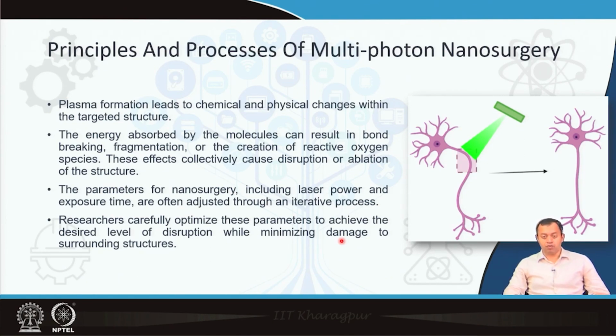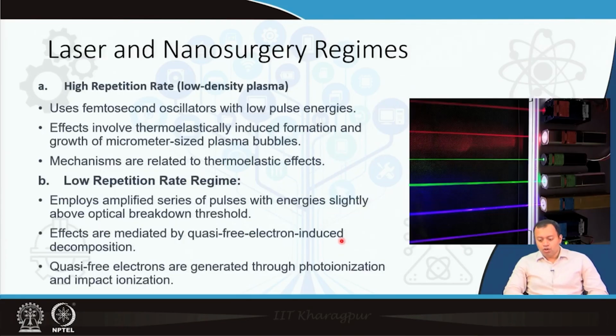In mouse brain we are trying to do, and hopefully we will get this soon. So, lasers and nanosurgery regimes using femtosecond oscillator, very small pulses existing for few femtoseconds, so that you do not damage the nucleus, damage the atom.